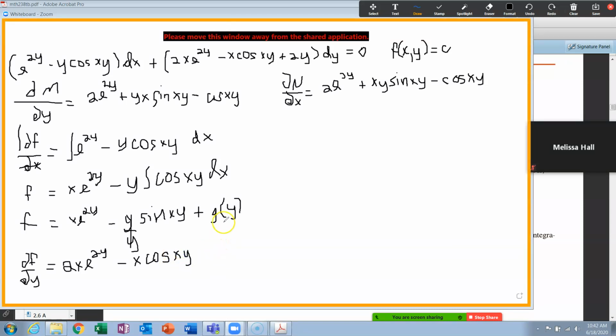And the derivative of this with respect to y is just g prime.